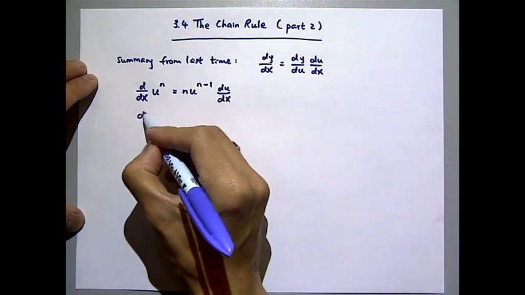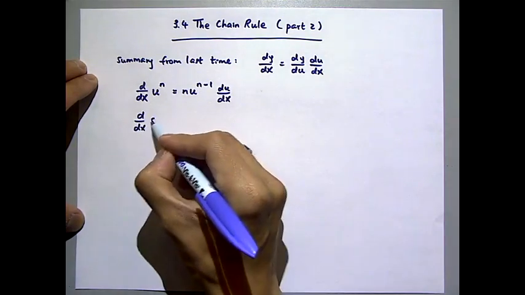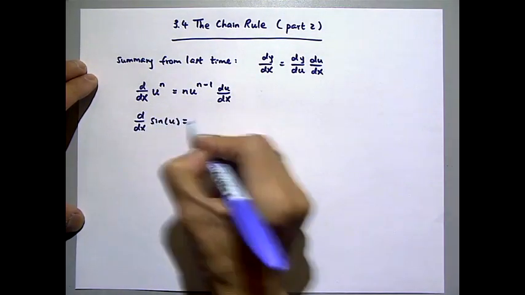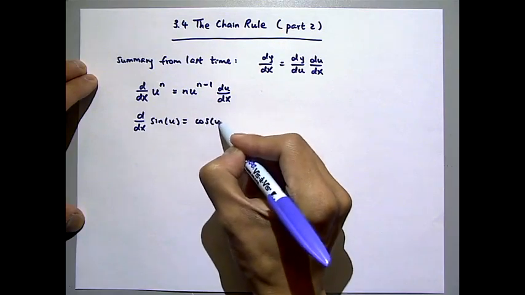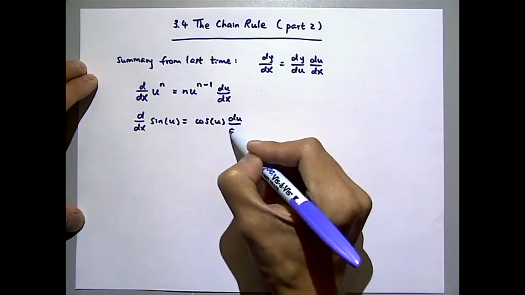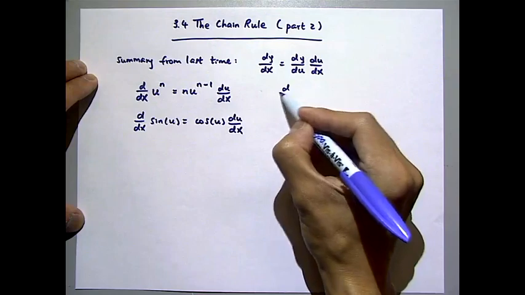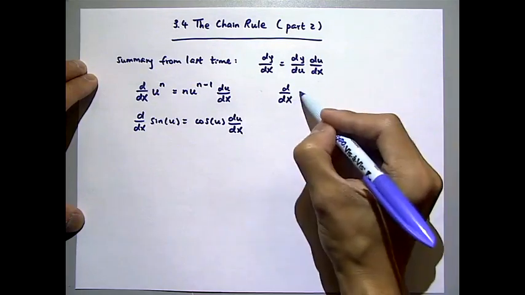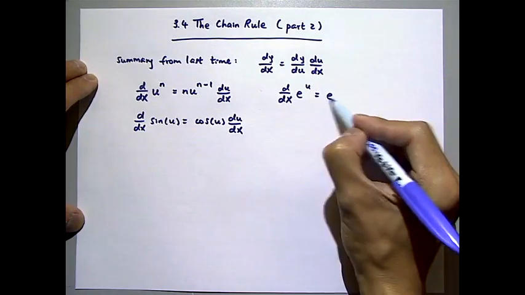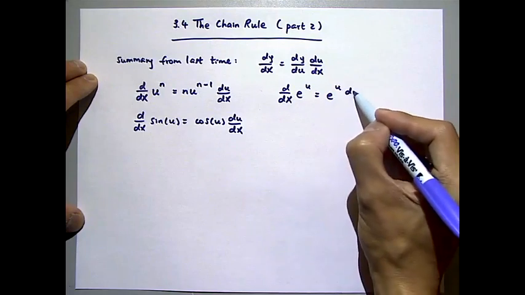And then, for example, the derivative of sine of u was cosine of u times du/dx. The derivative of e to the u turns into e to the u times du/dx.